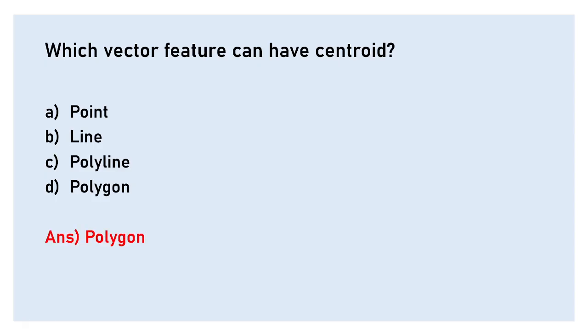The answer is polygon. Polygon can have a centroid, not a point or polyline. So if you have a polygon like this, that's not a very good polygon, but anyway, the centroid can be somewhere like this. That feature is therefore polygon, not point or polyline.